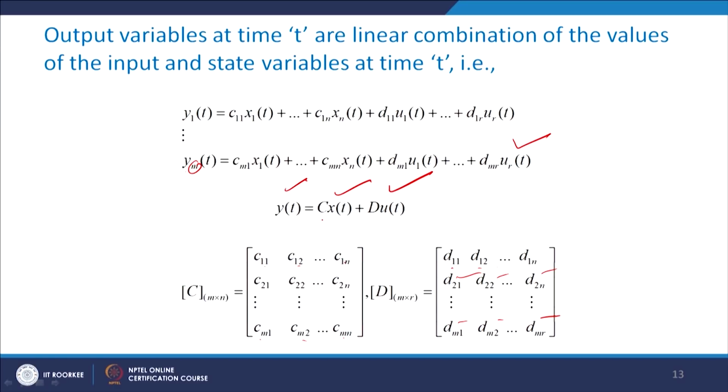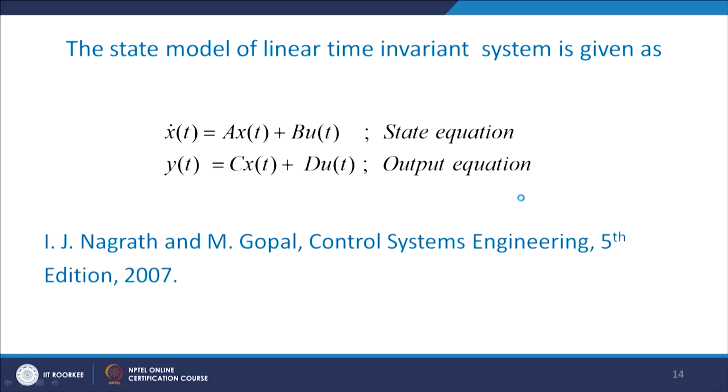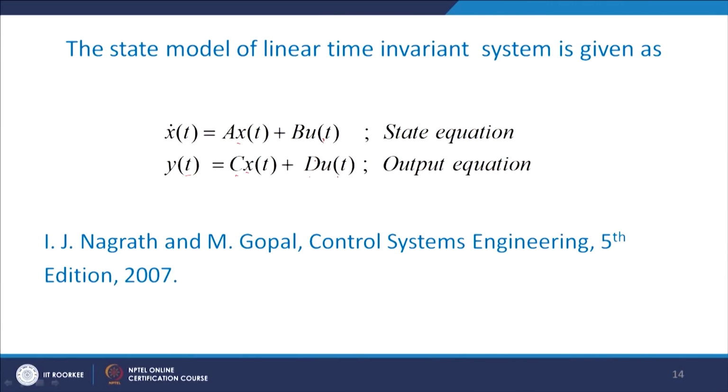So C is nothing but your output matrix and D is the coupling between input and output. The final state space model is x dot equals Ax plus Bu, y equals Cx plus Du, and as I told earlier, A is the system matrix, B is the input matrix, C is the output matrix, and D is the coupling matrix, coupling between input and output.